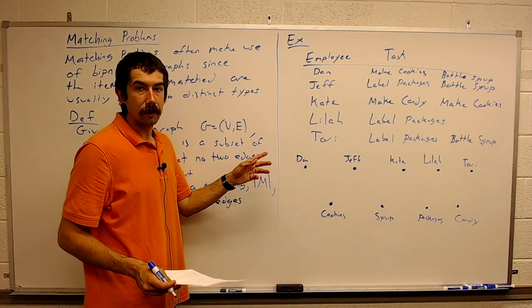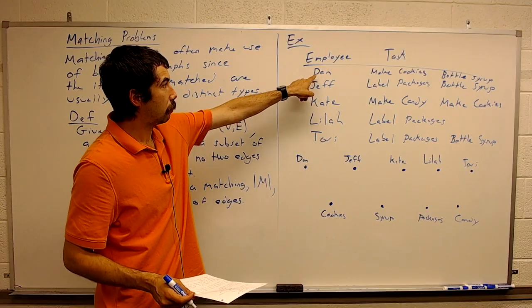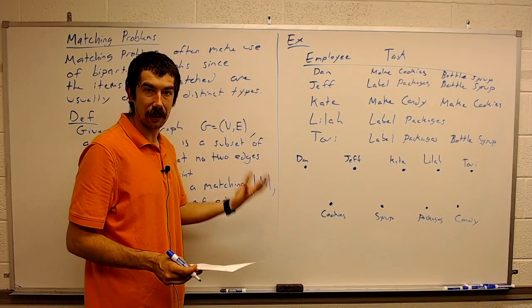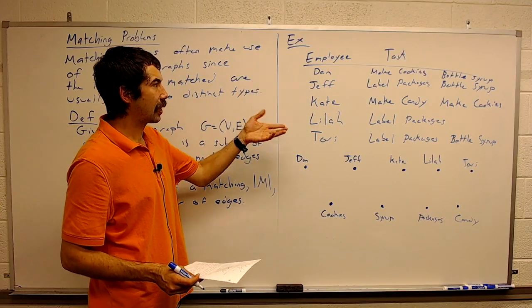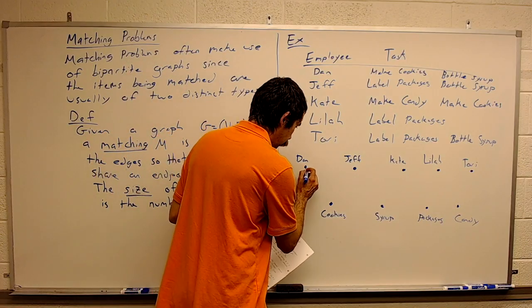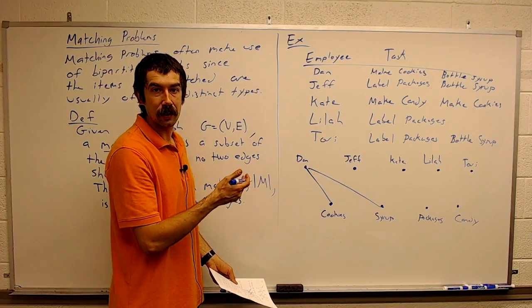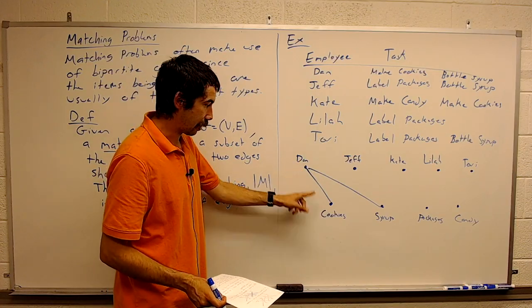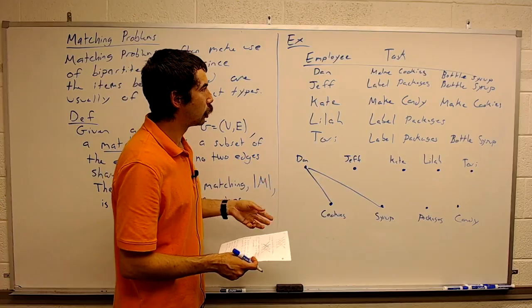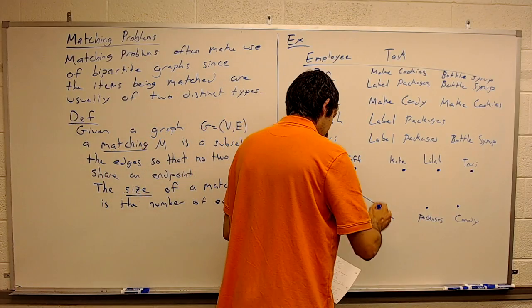All right, and so let's put an edge between the employee and the task if they're compatible. So Dan can make cookies or bottle syrup. So we're going to have an edge, Dan cookies, Dan syrup. Same thing with Jeff, packages and syrup.